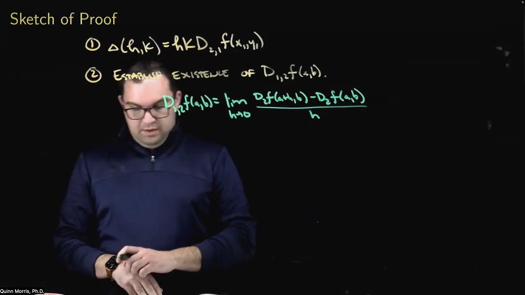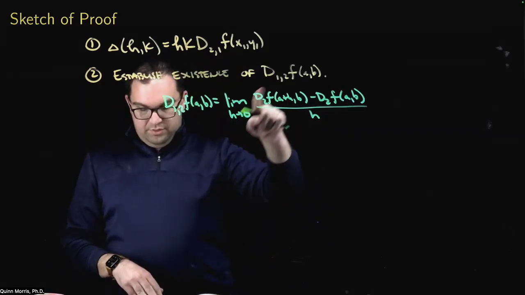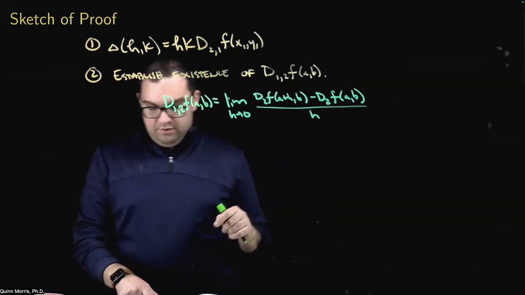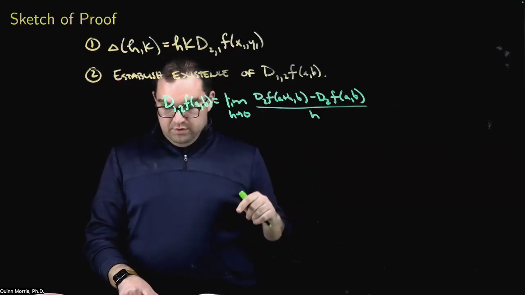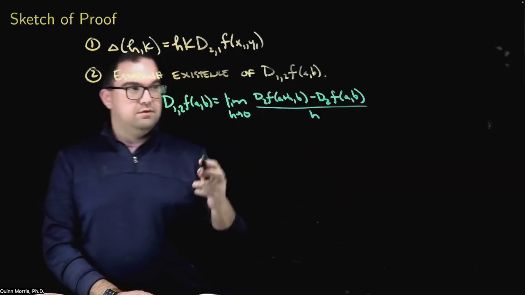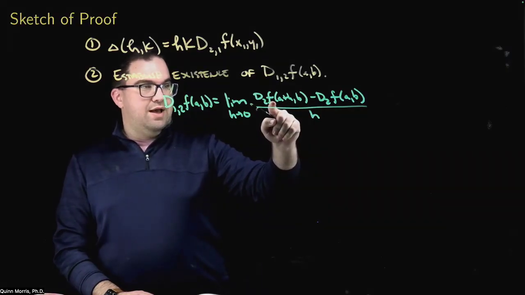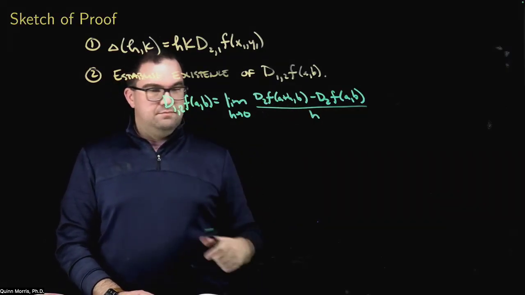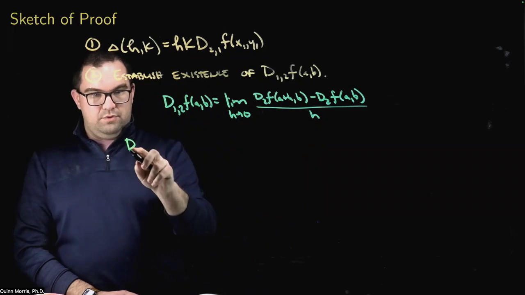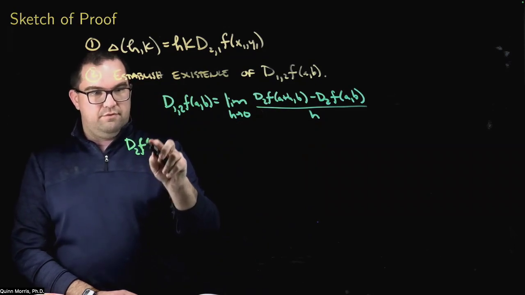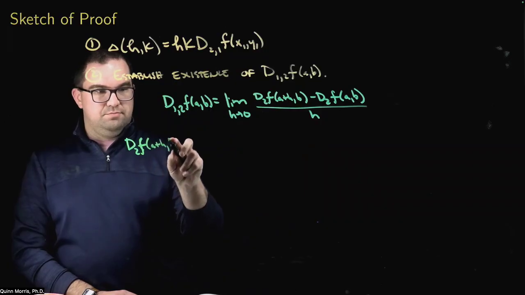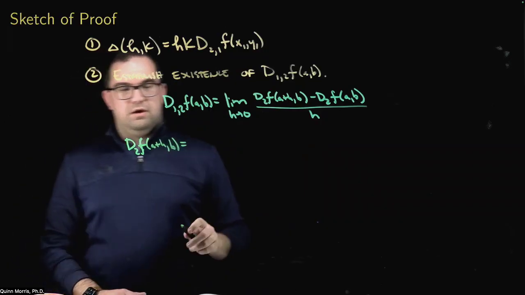So you really work on this limit here, and you go, I need to know something about D2 F of AB and D2 F of A plus H, B. So you write down what each of those is. D2 F of A plus H, B: what's that defined to be?